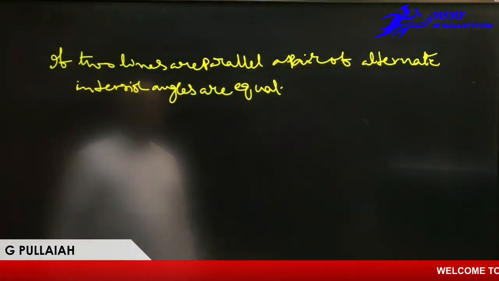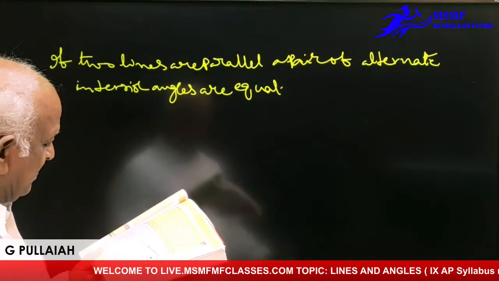So if two lines are parallel, a pair of alternate interior angles are equal. Let us see how we can prove it, please.